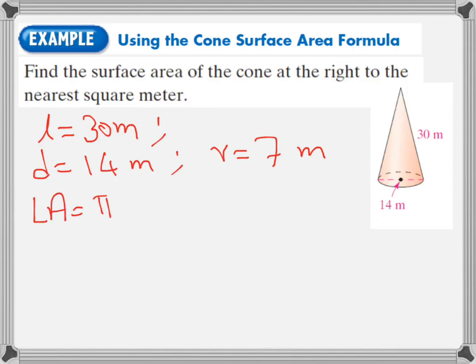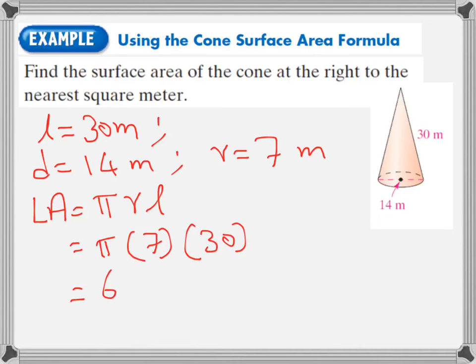It is pi r L, where R is 7 and L is 30 meters. So use your calculator. It is 659.7, approximately 660 meters squared. That is LA.